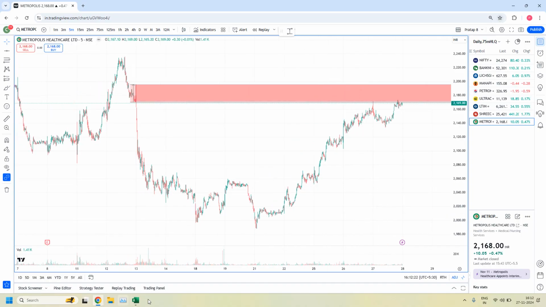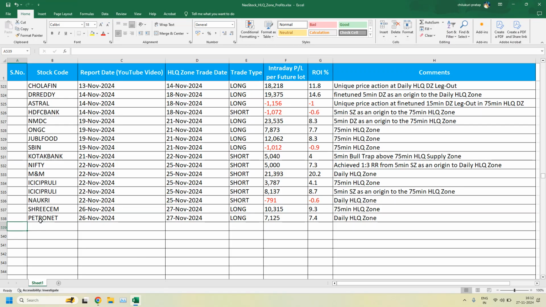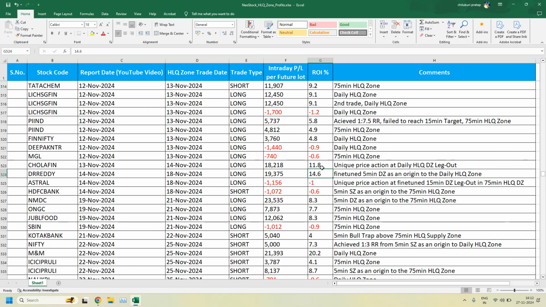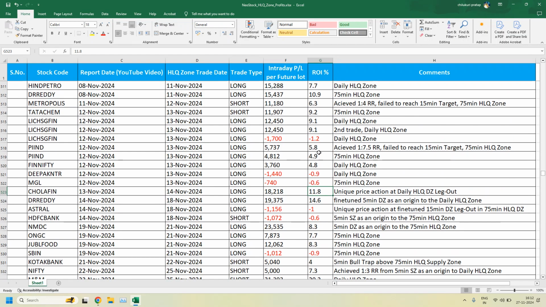But otherwise we got very good fine-tuned zone trades from Shriram Cement and Petronet, and both are beyond our 6%. Have you noticed, especially for the last 2 months, our ROIs are excellent. Most of the trades are giving more than 6% ROIs. See here, 8.7, 20%, 7.3, 8.3, 7.7, 8.3, 14.6, 11.8.